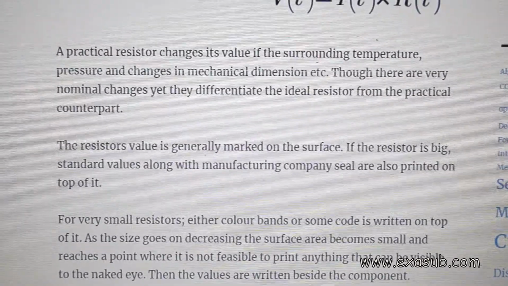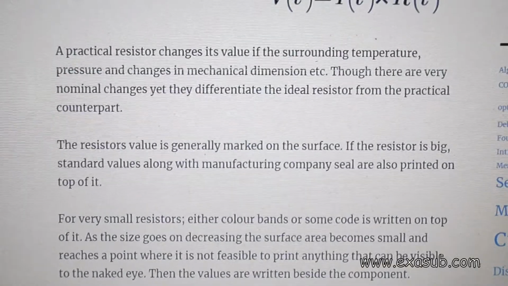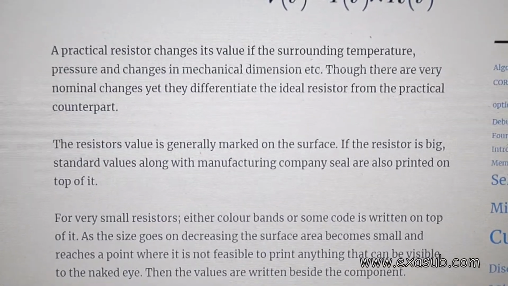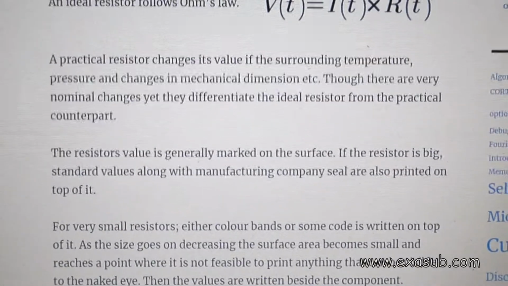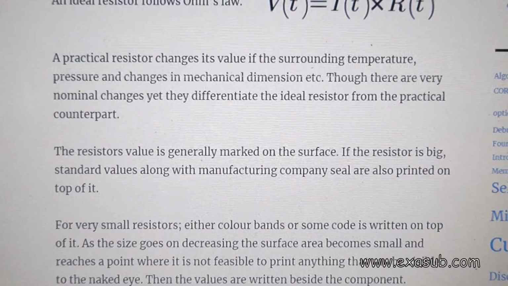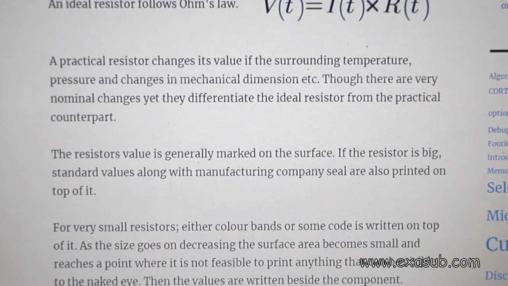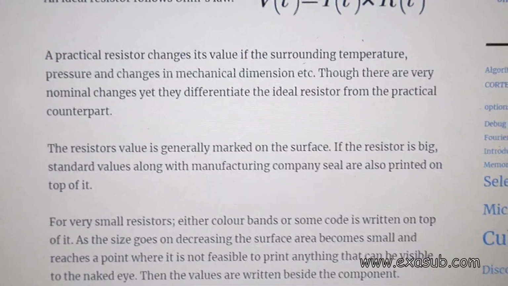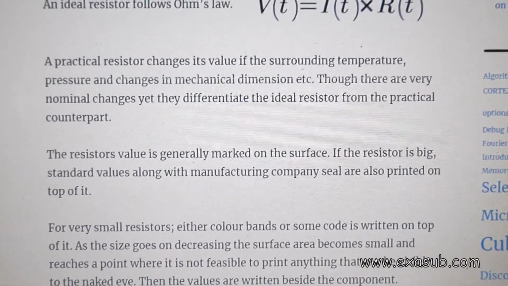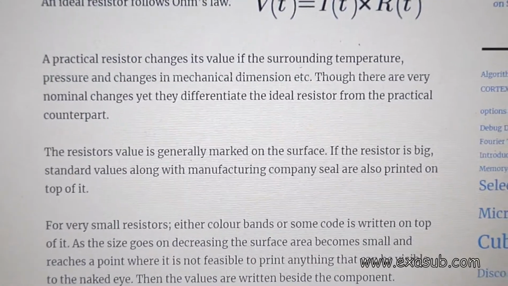The resistor value is generally marked on the surface. If the resistor is big, standard values along with the manufacturing company seal are also printed on top of it.